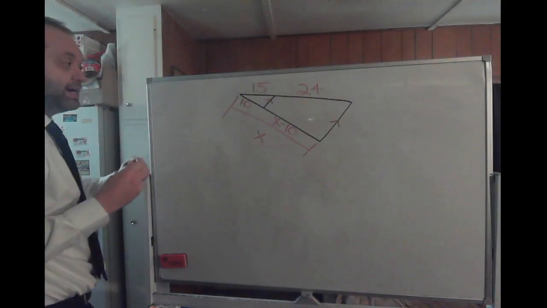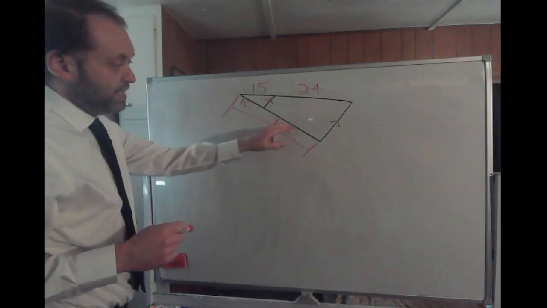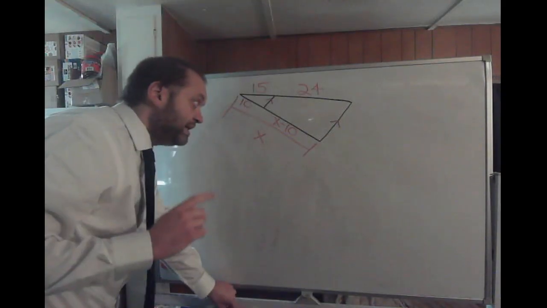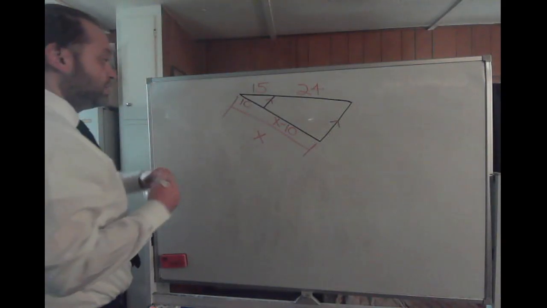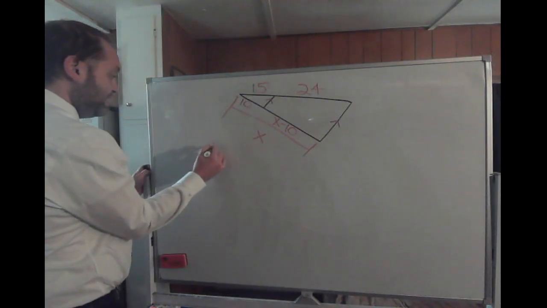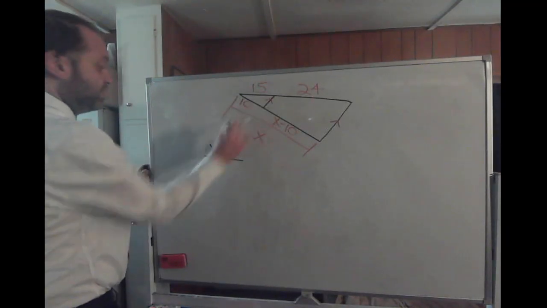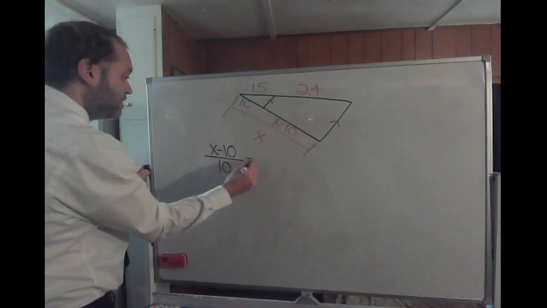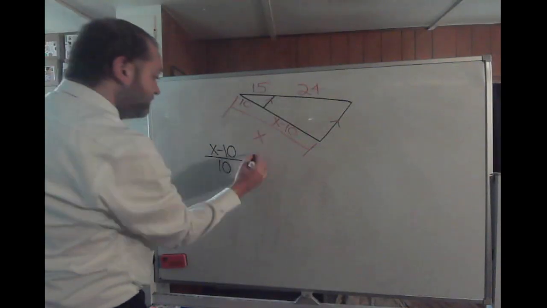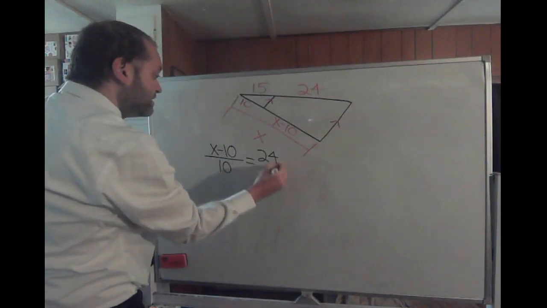Now you may set up your proportions. So we can say x minus 10 is in ratio to 10, which would equal 24 to 15.